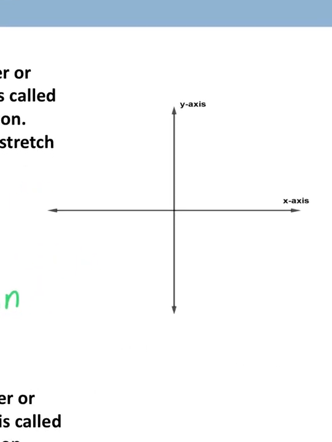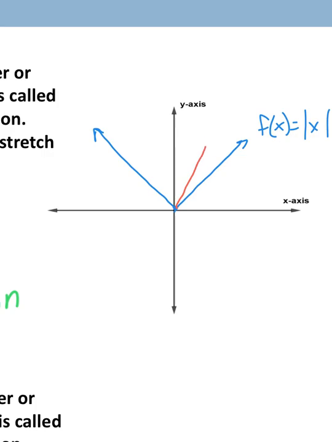Okay, so how does that look on the coordinate plane? Let's do some sketches. Let's pick an example: just our absolute value parent function. I'll draw it. I'll call this f of x equal to absolute value of x. And if I want to stretch that up and have a greater output for a given input, I'm going to put that in red.